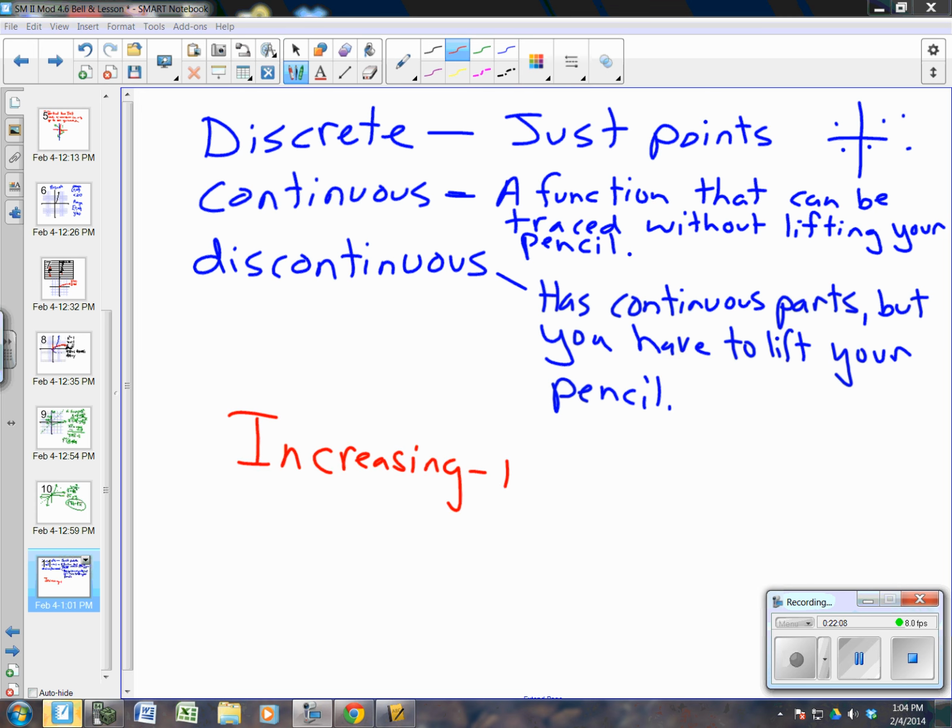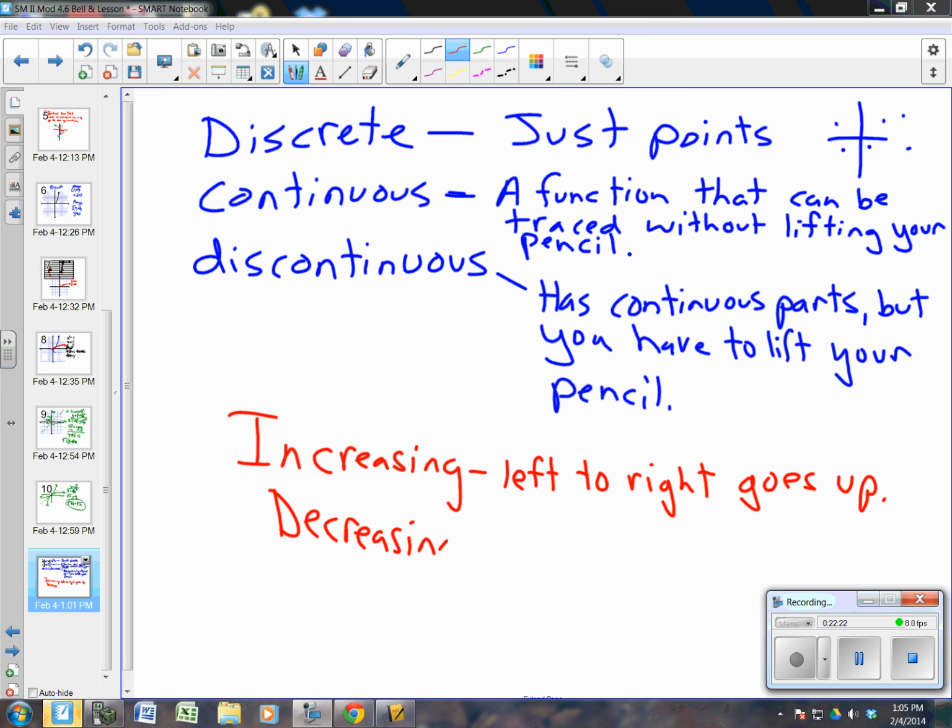Increasing means as you go left to right, you go up. Okay? Decreasing means this. Decreasing means left to right goes down, right?